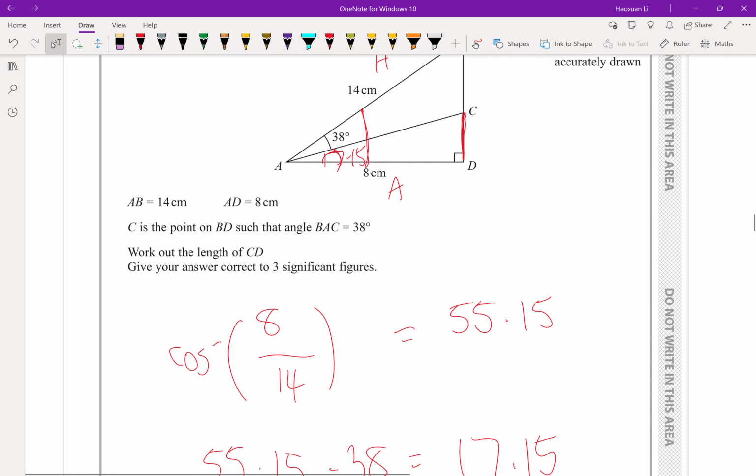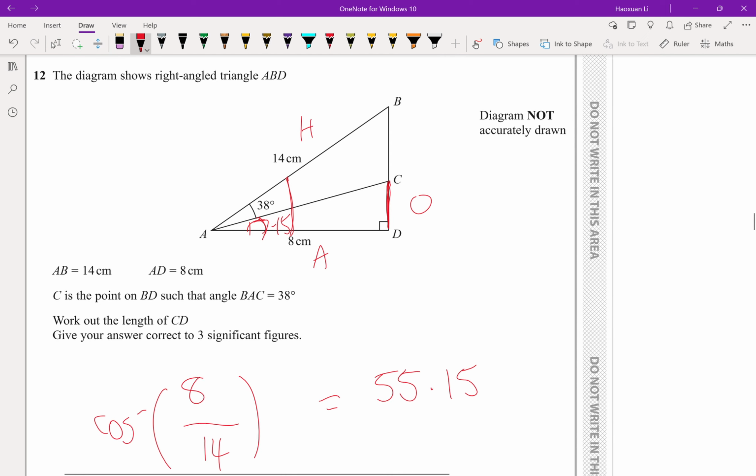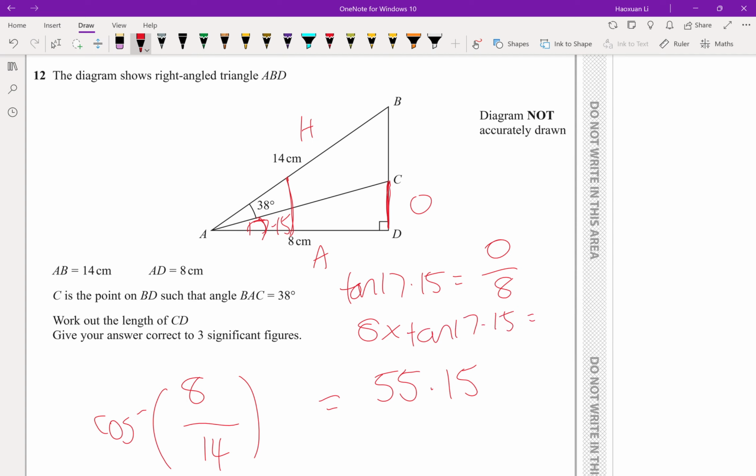Now SOHCAHTOA again. You know the angle, you just try to find the opposite. So tan 17.15 equals opposite over 8. So 8 times tan 17.15 is 2.47.